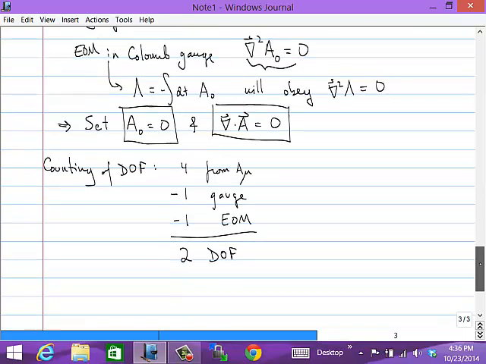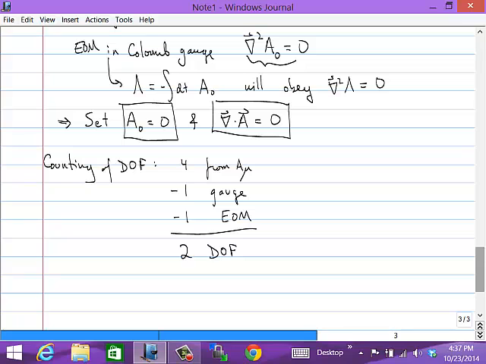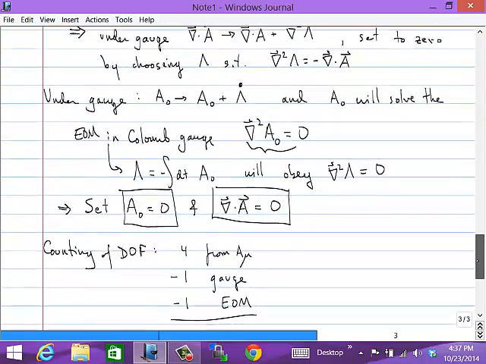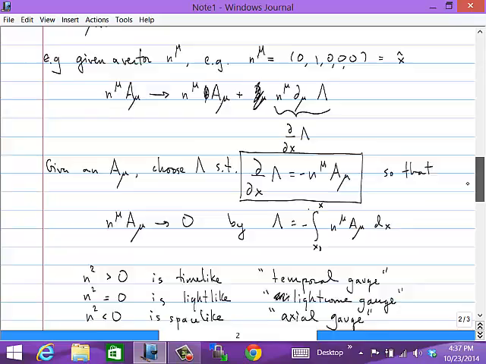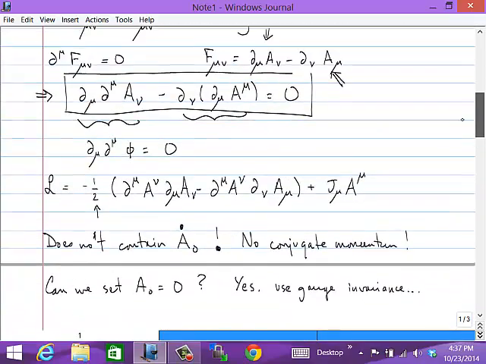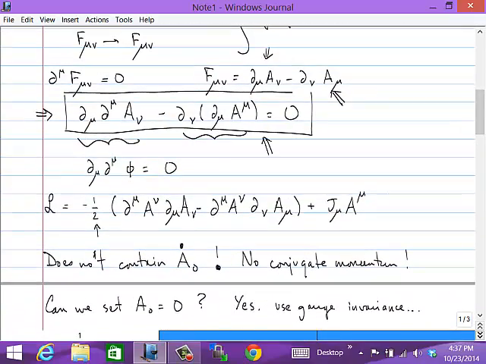In particular, A0 has been set equal to 0, so let's just look at the equations of motion here. So this was the A equation of motion.